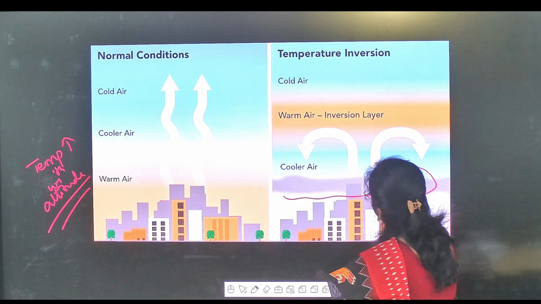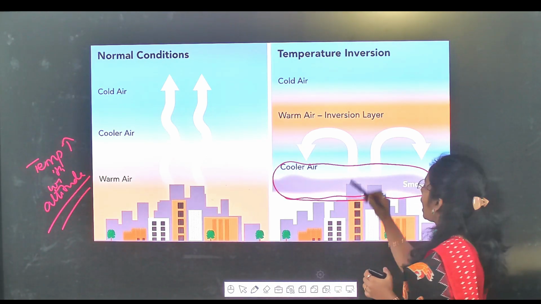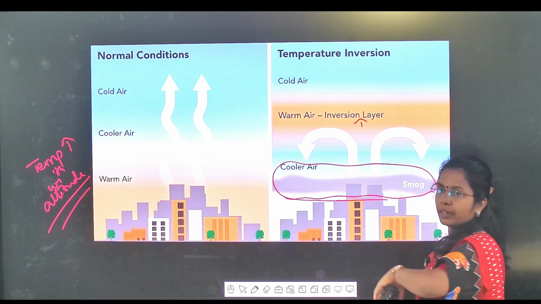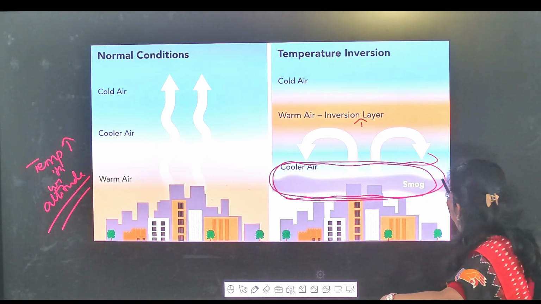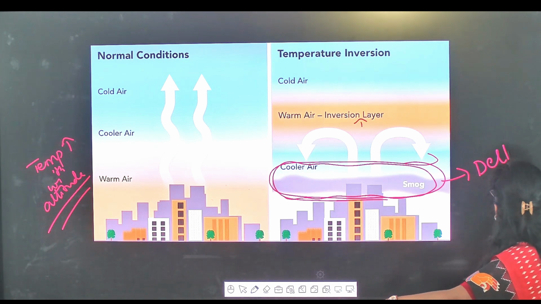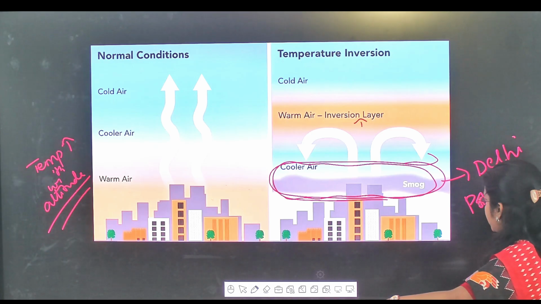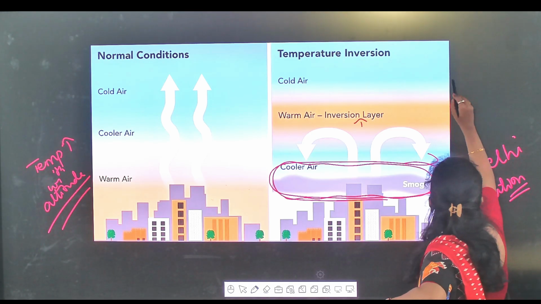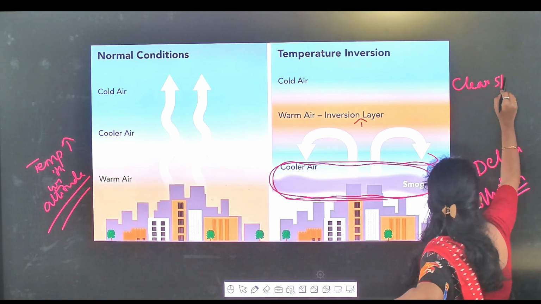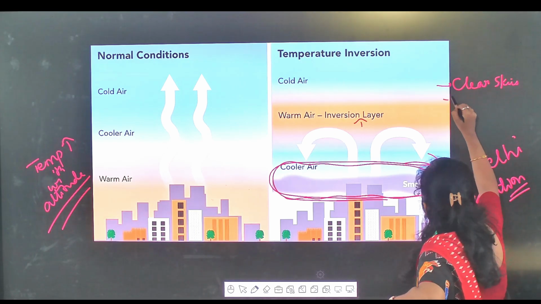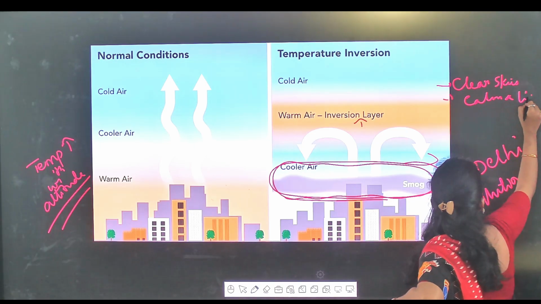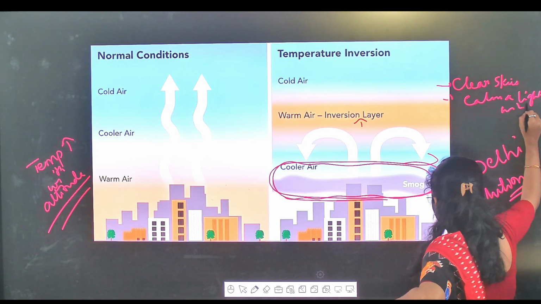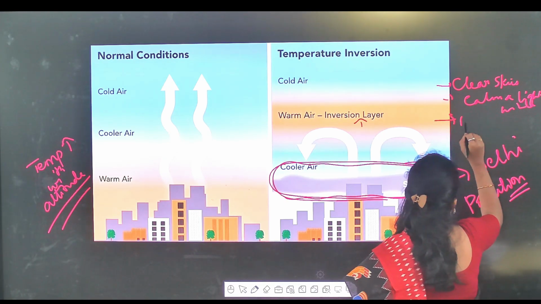Down you will see cool air and above you will see warm air, and this cool air acts like a blanket. This phenomenon you will see in Delhi, in the pollution topic. What happens? Clear skies, calm and light winds, long winter nights.